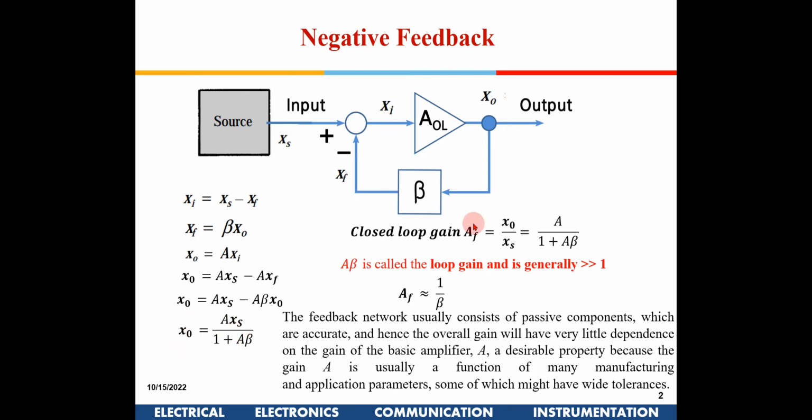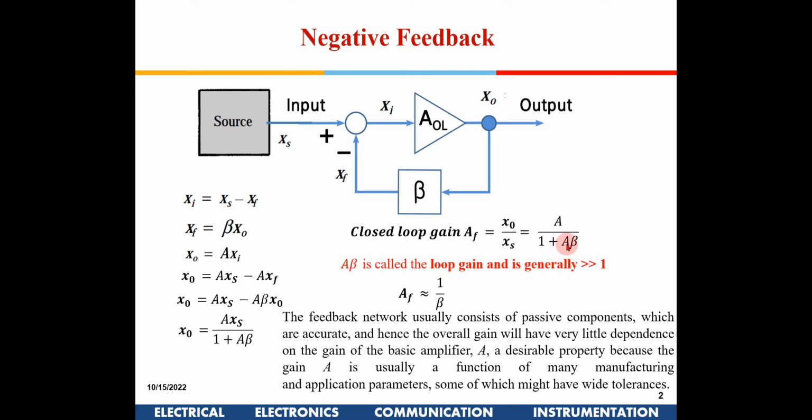The closed loop gain is known as AF, whereas A is known as the open loop gain. By doing feedback, my new gain is given by A divided by 1 plus A beta. Now generally A beta is much greater than 1.